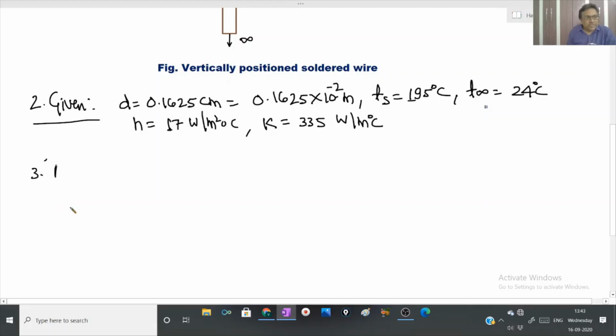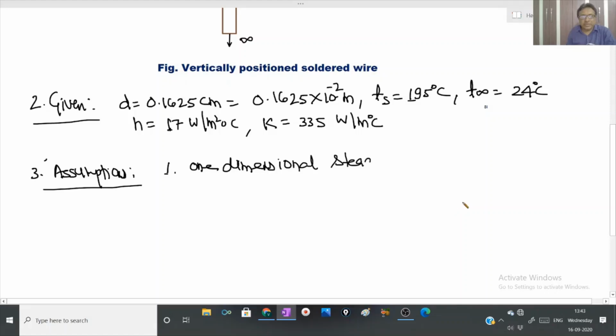Let us enlist the assumptions involved in the problem. So let us first assume one-dimensional steady state heat transfer from both the copper wires.